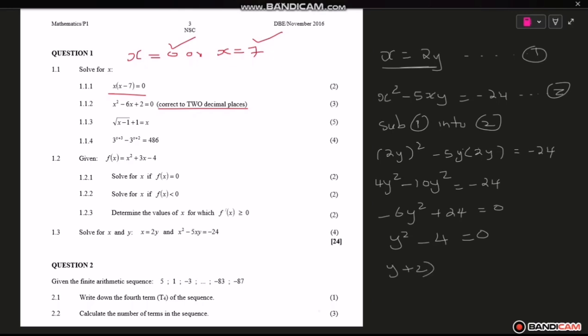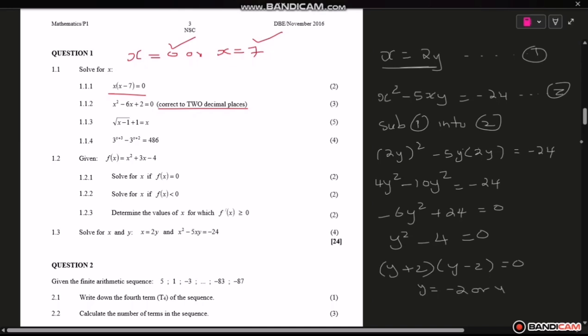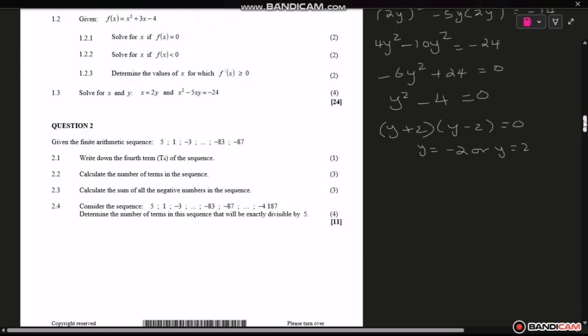Therefore this is a difference of 2 squares: (y plus 2)(y minus 2) equals 0. Therefore y equals negative 2 or y equals positive 2. Then you can substitute these y values into the first equation.